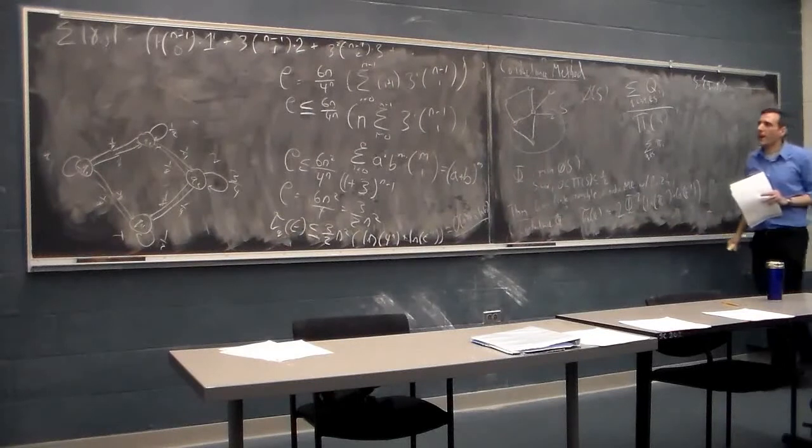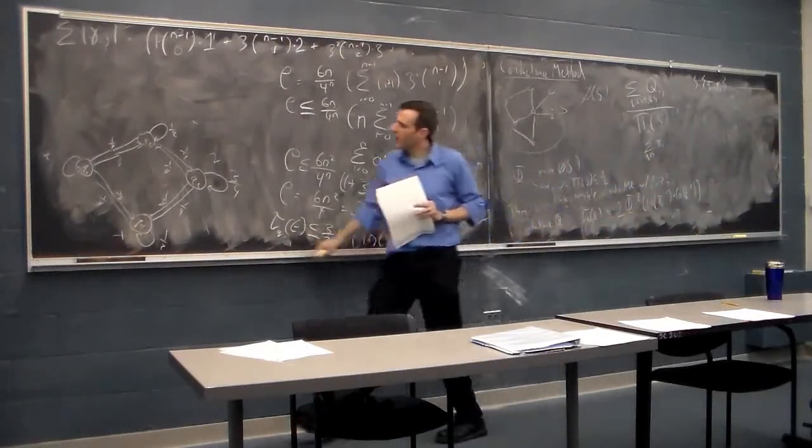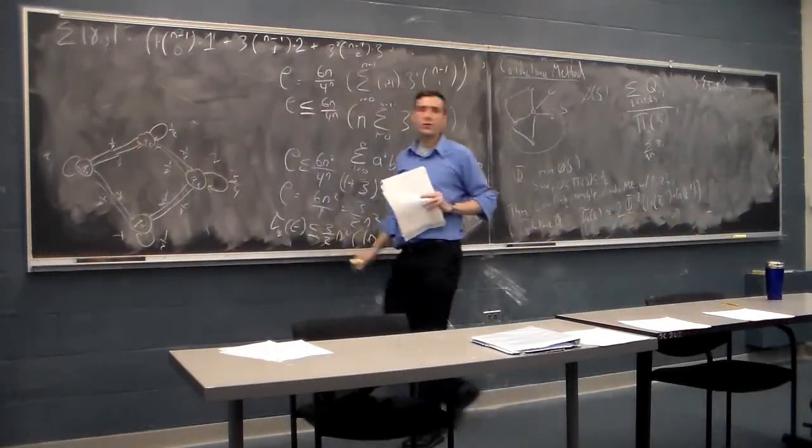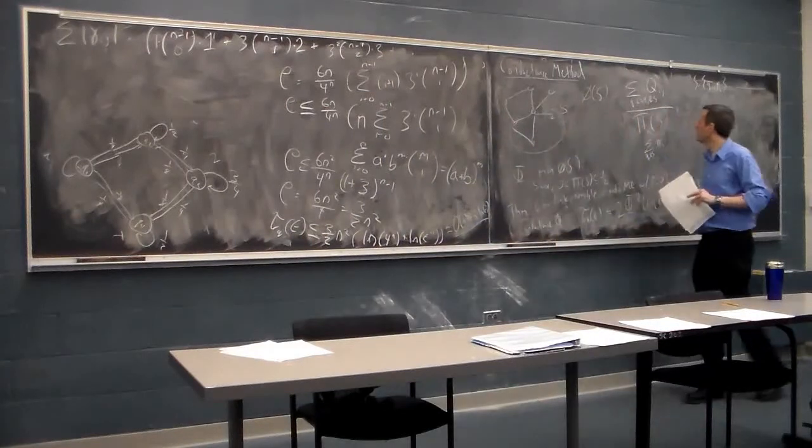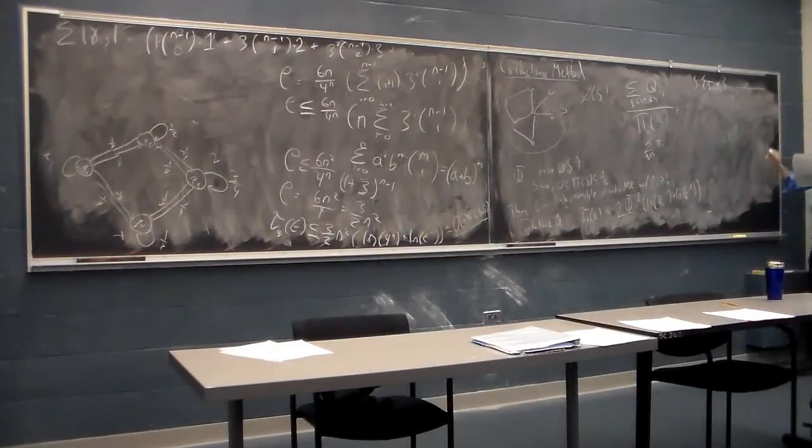The edges in and out of the subset are the edge from 1 to 4 and the edge from 2 to 3, so we've got 2 of these. As we saw before, each of those has a capacity of 1 over 24.